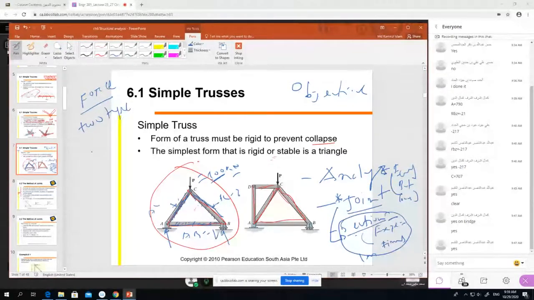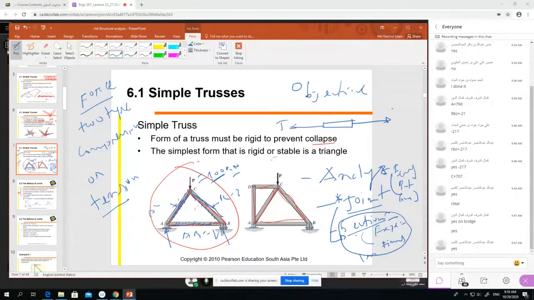It is compression or tension. There is no other way, right? Like this is the member. You can pull it. It is called tension. So pull or push. Only two types.